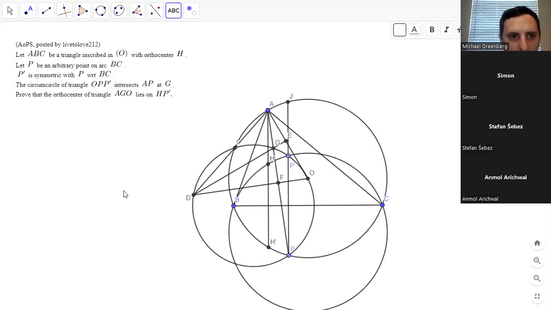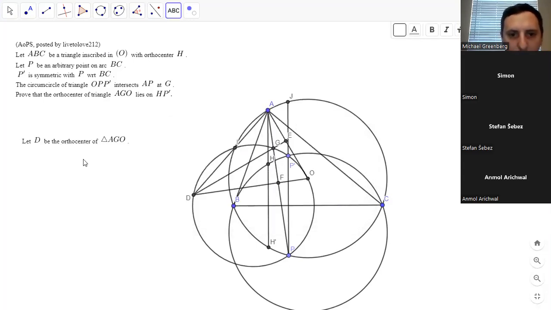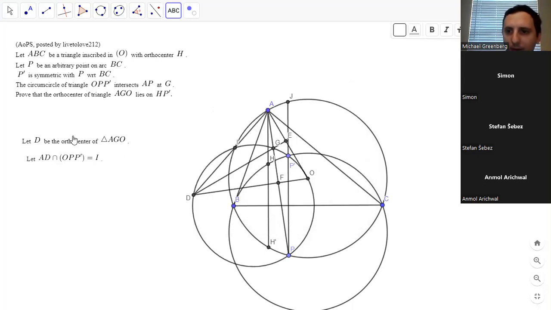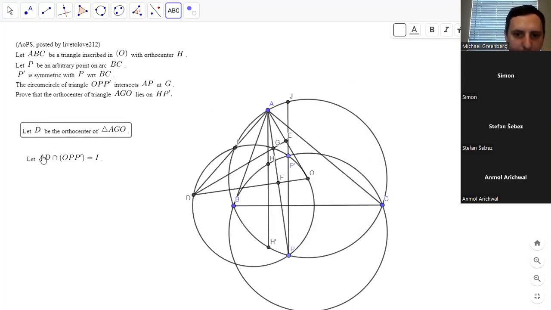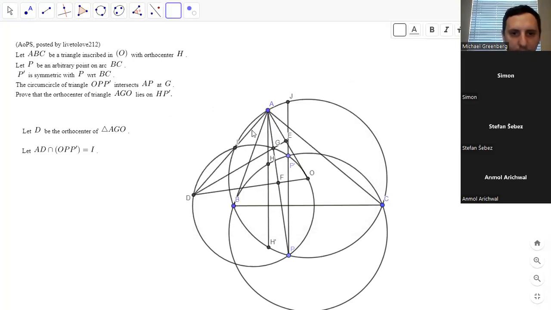So I'll say let D be the orthocenter of AGO, and let AD intersect OP P prime at I. And then I'll just say label the rest of the points as shown. Yeah, I don't think we need H. Whoops, that's not LaTeX.